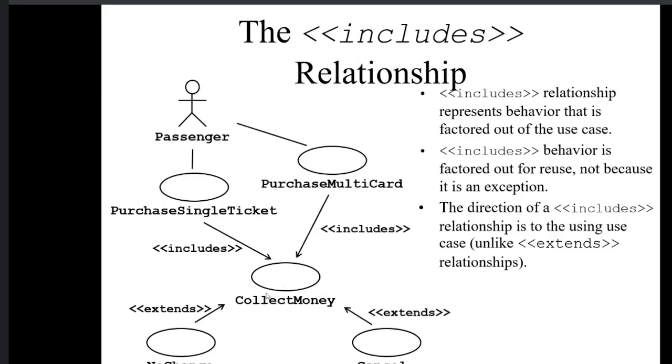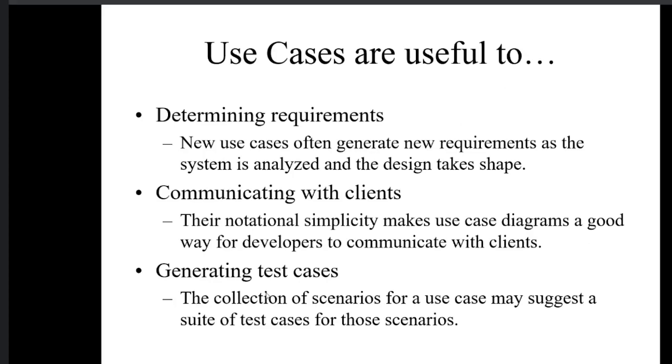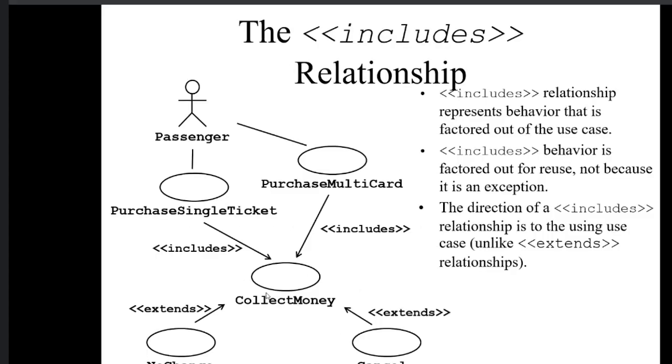Having understood these few things, once we are aware of them, we can design use case diagrams easily. But one thing is that when we have a use case diagram, we try to have all the use cases, all the functionalities, represented in the diagram.